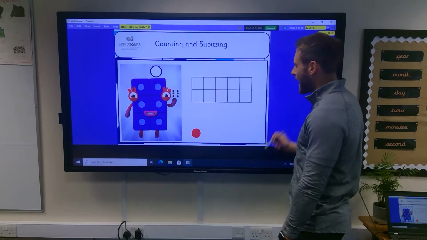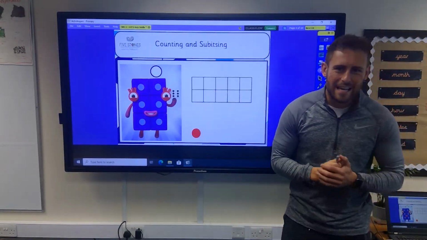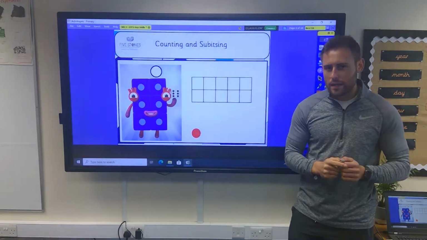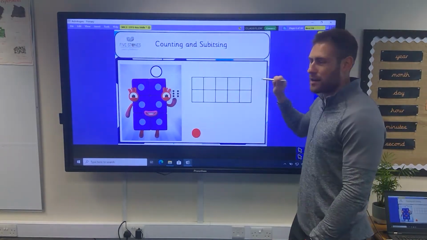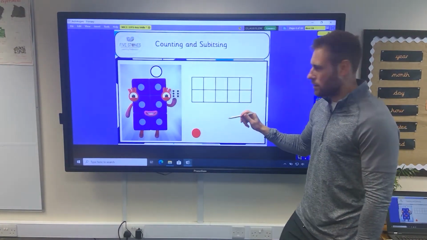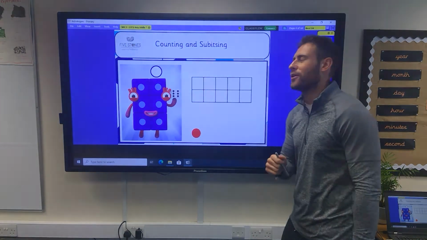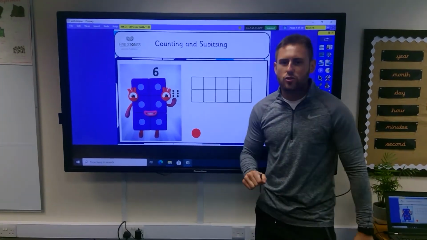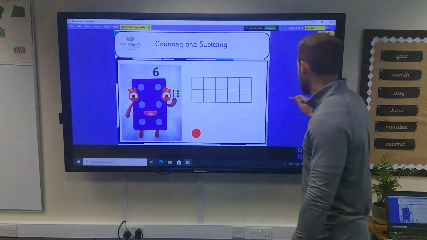So we have our number blocks character and we have our empty tens frame. I need you to help me show this number blocks character in my tens frame. What number was it? Was it 4? No, it wasn't 4, it was the number 6. So if you can help me count, we're going to try and show 6 in our tens frame.